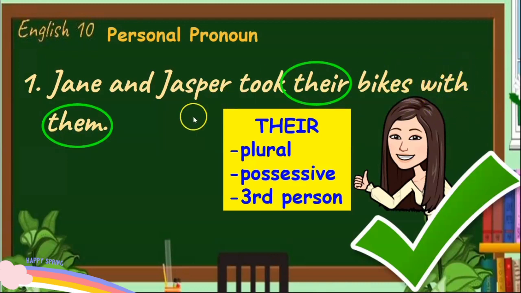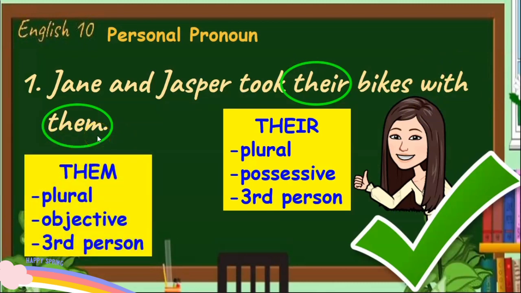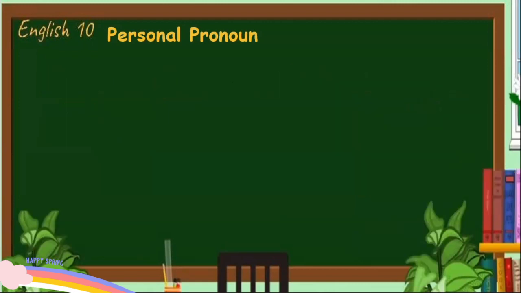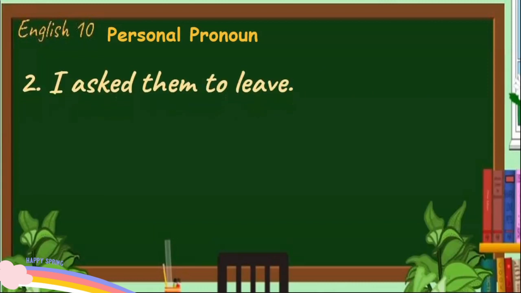Okay? And then the person, we categorize this as a third person point of view. Okay, so you already have how many points are those? We have 1, 2, 3. That's 6 points. Okay? Next, second sentence we have, I asked them to leave.